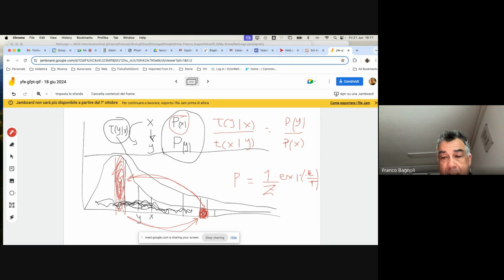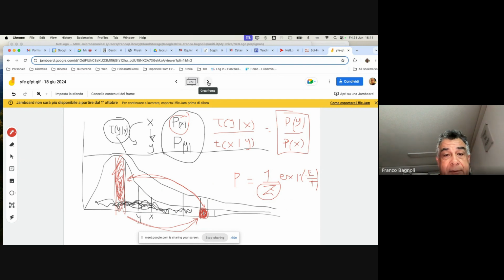But this is the difficult part, because this normalization constant is the sum of all of this over all possibilities. You have to have the integral of p equal to 1, but normally you have an infinite domain, so you don't want to compute this. And this clearly avoids computing it, because you don't need the normalization factor.